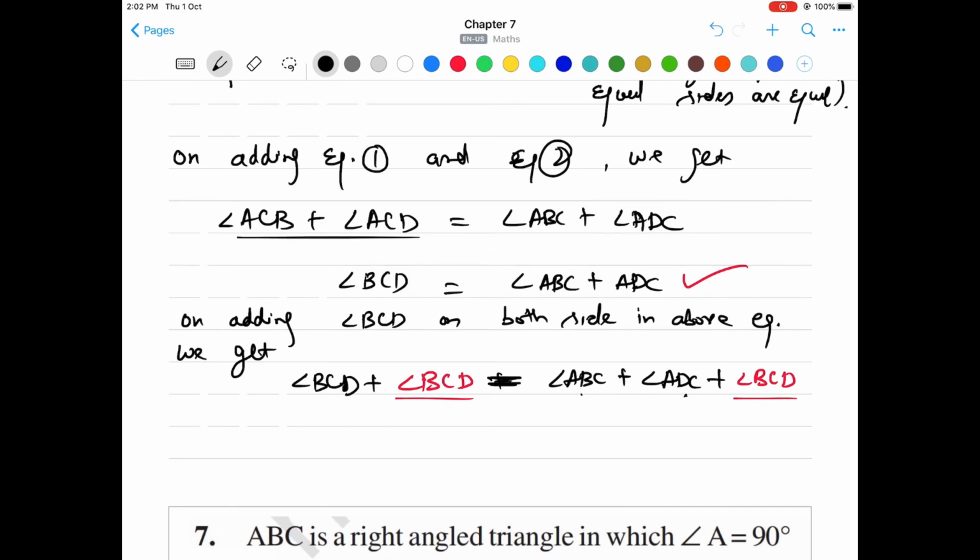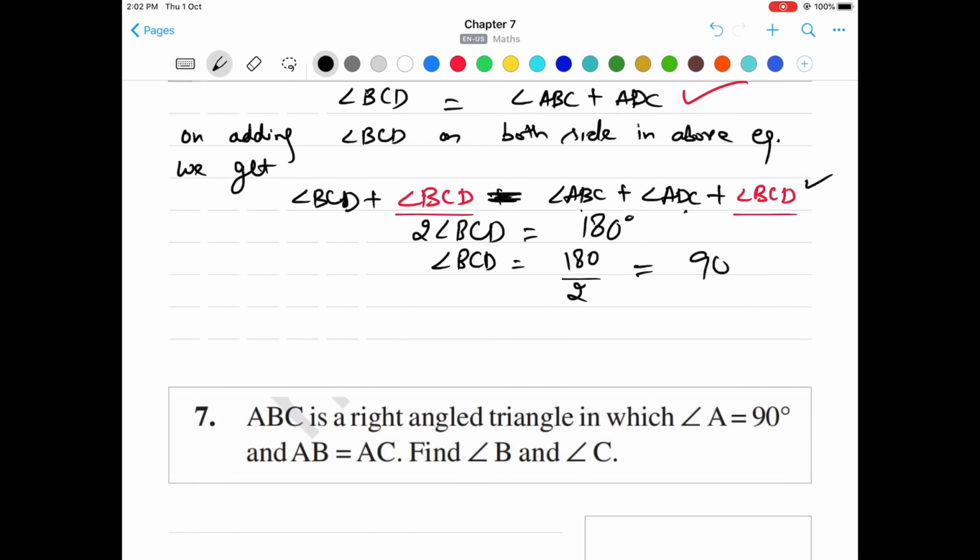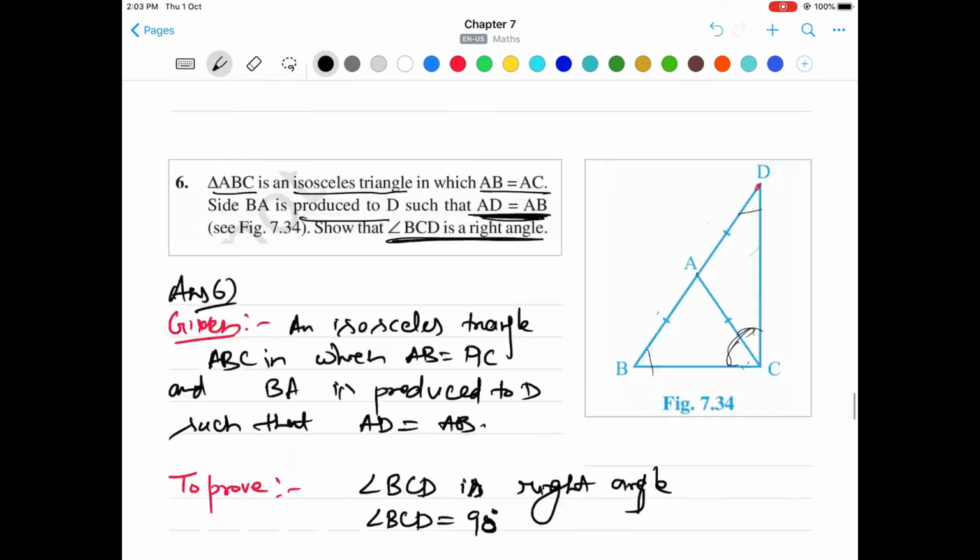So BCD plus BCD will become twice of angle BCD equals 180 degrees, because the sum of all these three angles will be 180 degrees. From here BCD will be 180 divided by 2, which is 90, and that's what we were asked to prove, that angle BCD is equal to 90 degrees, that is BCD is a right triangle. So that's the solution of question number 6 of exercise 7.2.